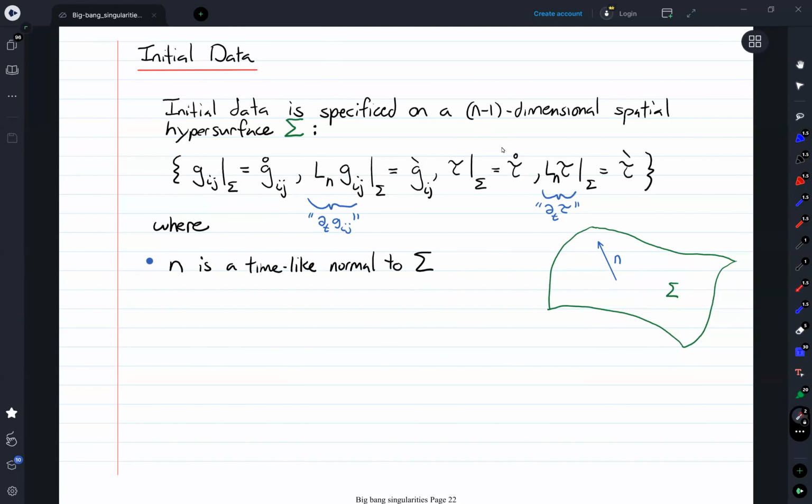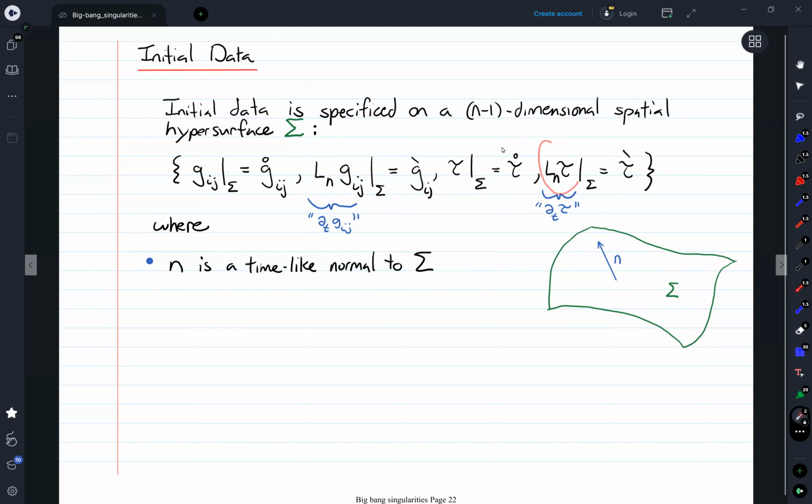Then I also need essentially the time derivative, which is the Lie derivative in the normal direction of the conformal metric, and I can prescribe whatever I want for that on the initial hypersurface. I also have this scalar field, for which I also have to give data, by picking some function on here.